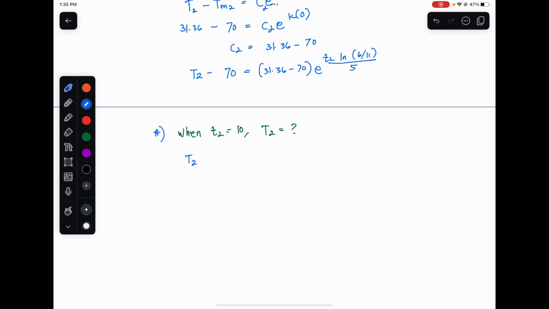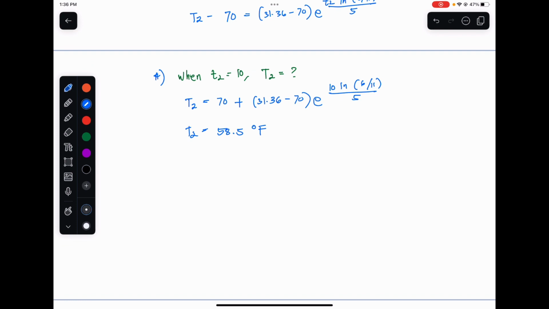T2 is equal to 70 plus 31.36 minus 70 e raised to 10 ln of 6 over 11 divided by 5. That makes it 58.5 degrees Fahrenheit.